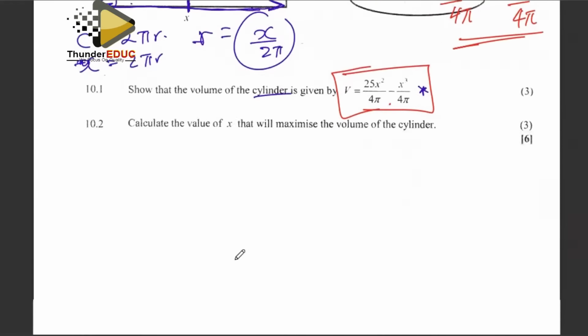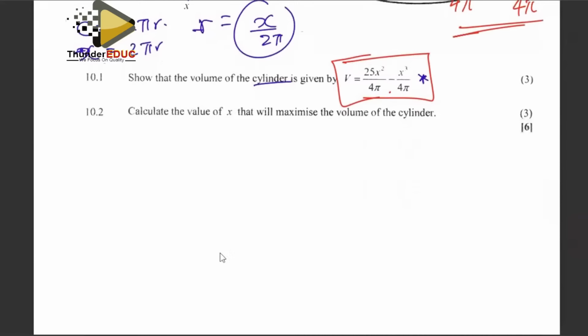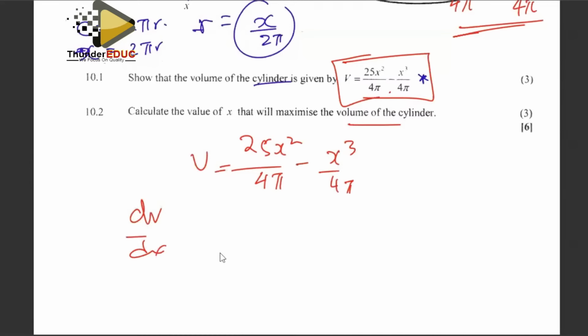All right, then 10.2, calculate the value of x that will maximize the volume. So for this, if we have 25x squared over 4 pi minus x cubed over 4 pi, we need to find dV by dx. That's going to be 2 times 25x over 4 pi minus 3x squared over 4 pi.